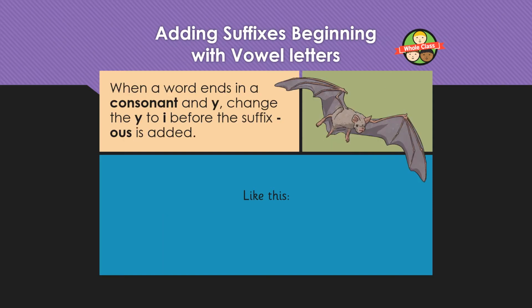When a word ends in a consonant and Y, change the Y to an I before adding the suffix OUS. Victory, add OUS. In this example, because the word ends in a Y, you would drop that Y and change it to an I, and your example would be victorious.